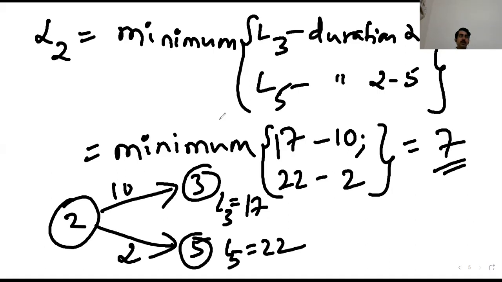The second column should be duration. The third column should be latest start. And the fourth column should be latest finish.